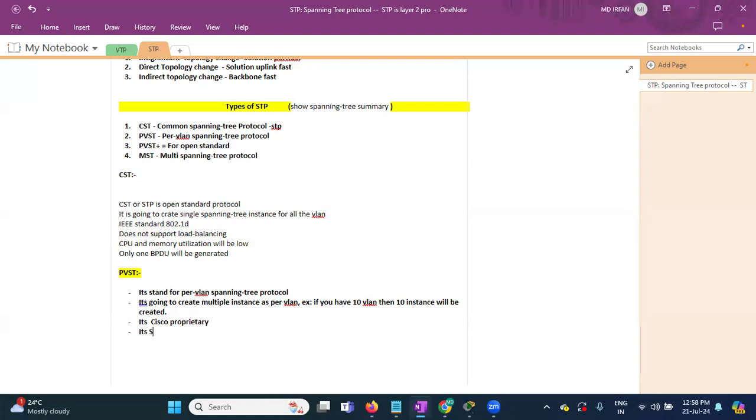It supports load balancing. How it will do that, I will show you. We have a lab. CPU and memory utilization will be high.